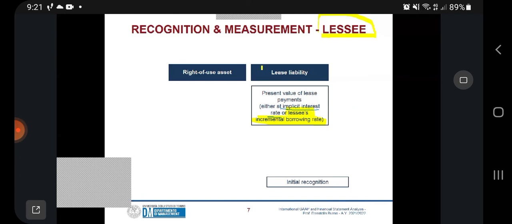Any idea on how to determine it, taking into account that the contract does not state it? Because the contract is in order to rent a car, to rent a building, to rent a machine. It's not a financing contract. So it is not possible to read an implicit interest rate.